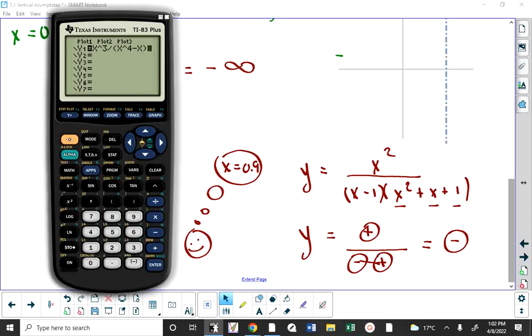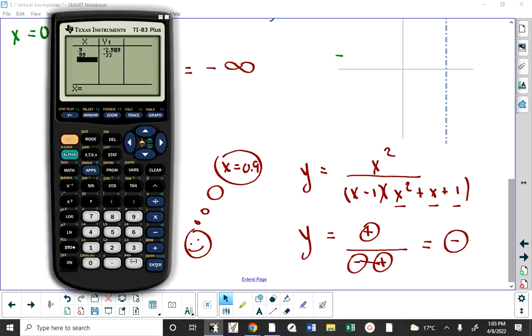I'm going to set up my table and demonstrate to you the asymptotic nature to the left of x equals 1. I put in 0.9, and I get negative 3 almost. I put in 0.99, which is even closer to 1 from the left, and I get negative 33.